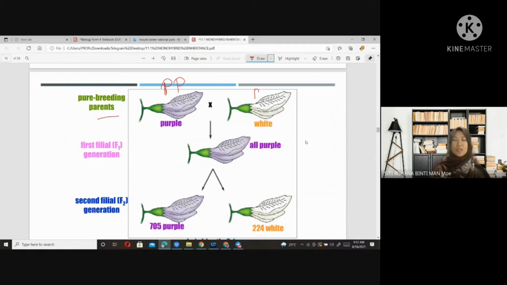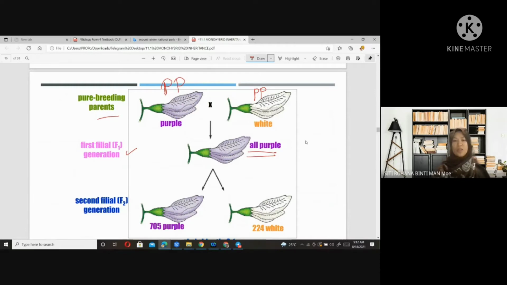Kita tak boleh bagi W. Memang kena guna huruf yang sama, cuma small letter lah. Okay, so after cross-pollination occur, first filial generation form all purple in colour. Okay, awak tengok bunganya semua warna purple. Okay, after that, for the second filial generation.